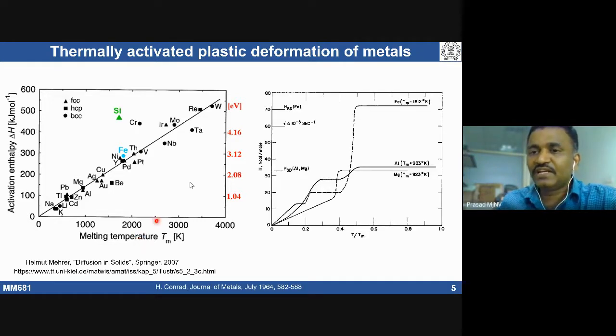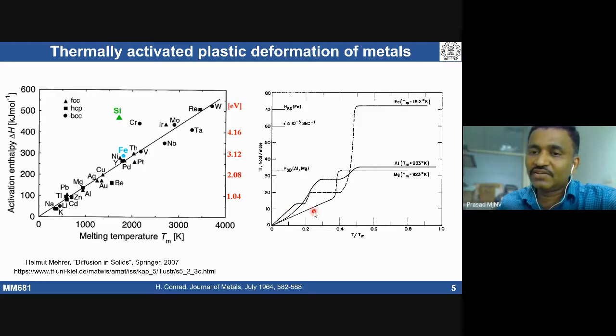If you look here, three different materials are considered: aluminum, FCC; iron, BCC; magnesium, HCP. Typically, I look at how the activation energy for plastic deformation in polycrystalline materials changes as a function of normalized temperature. When I say normalized temperature, T by Tm, it's called homologous temperature. The ratio of the test or deformation temperature to the melting temperature on an absolute scale is called homologous temperature.